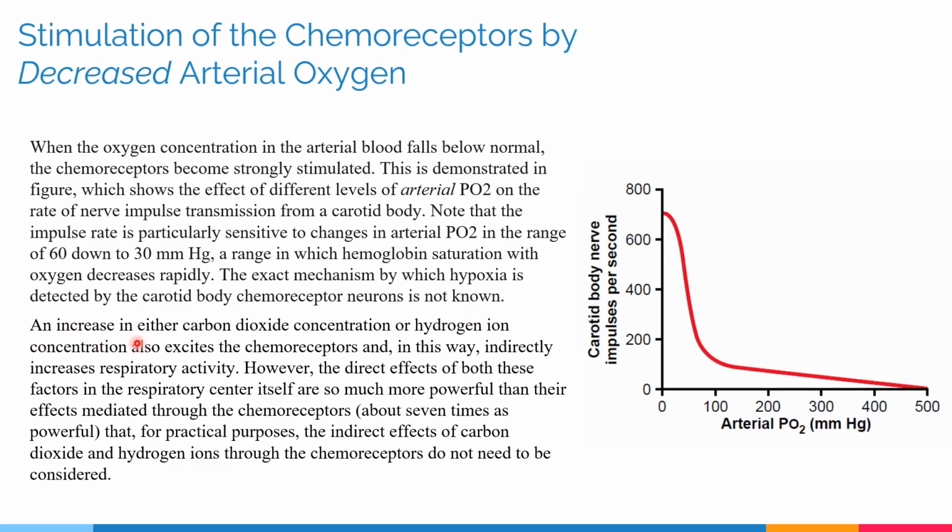An increase in either carbon dioxide concentration or hydrogen ion concentration also excites the chemoreceptors, and in a way indirectly increases the respiratory activity. Thus, the chemoreceptors can also detect changes in carbon dioxide and hydrogen ion concentration.